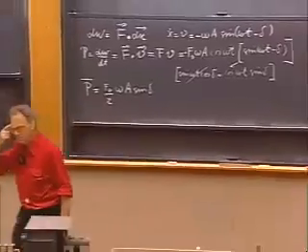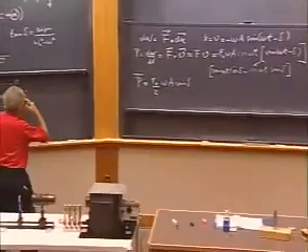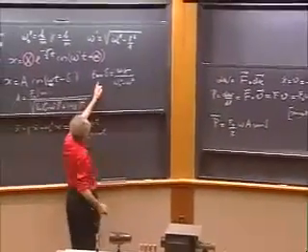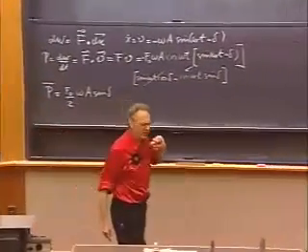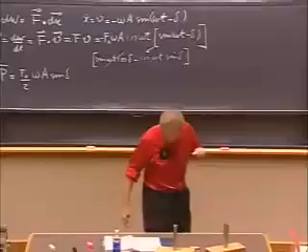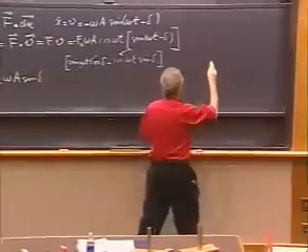What is sine delta? Well, I remember what tangent delta is. But if I know tangent delta, can I then calculate sine delta? And the answer is yes, of course.